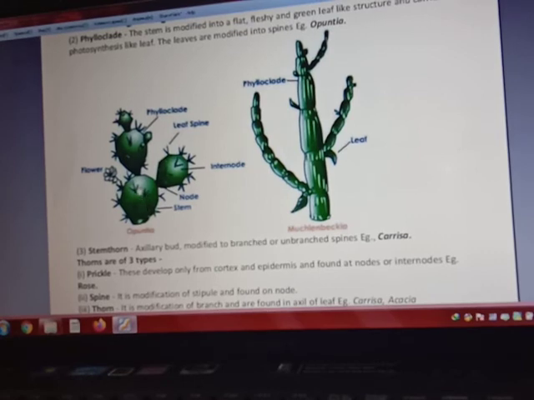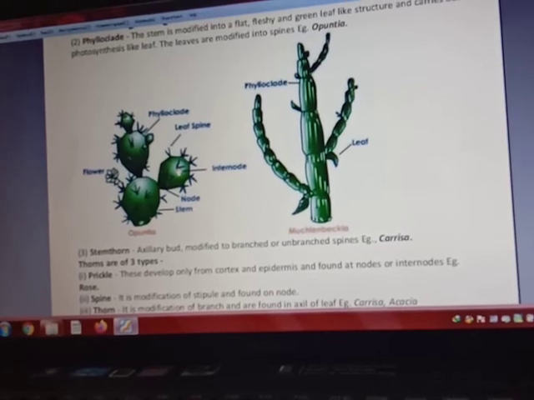To carry out photosynthesis. And further these leaves are modified into spines, which are thorn-like structures. These are the spines present on the leaf, and these leaves are further made from the stem modification. It is the example of Opuntia, and this example is sufficient.